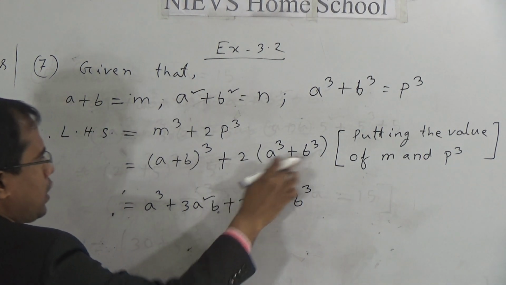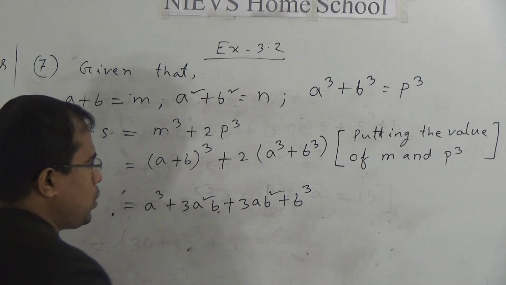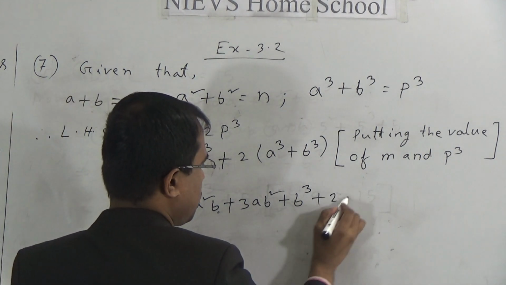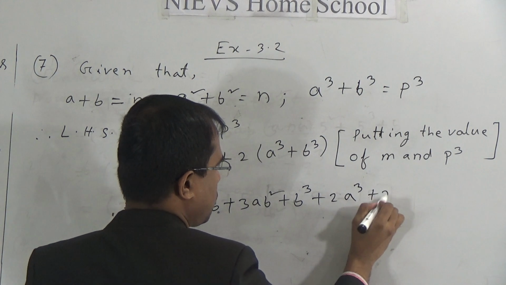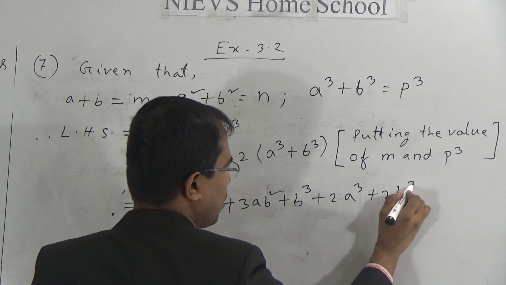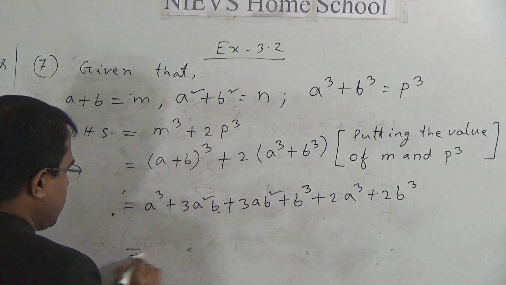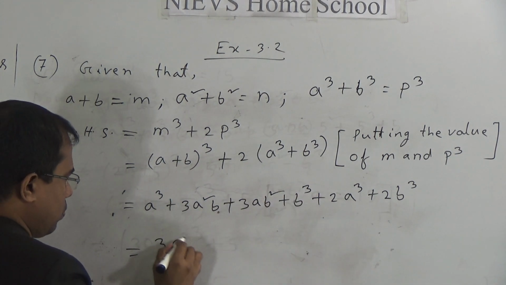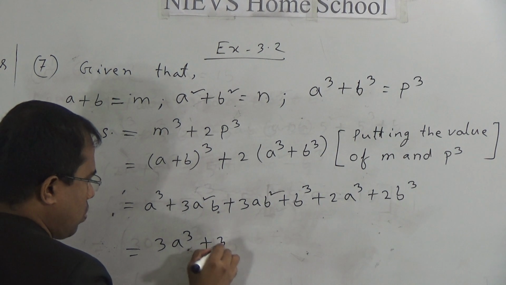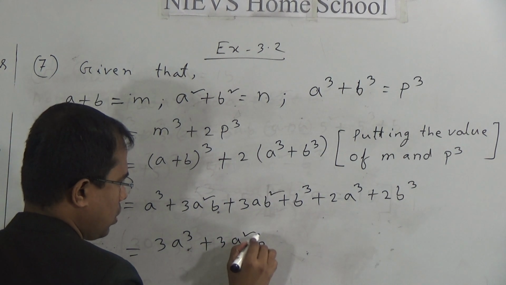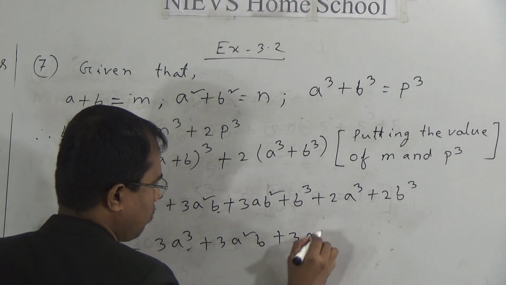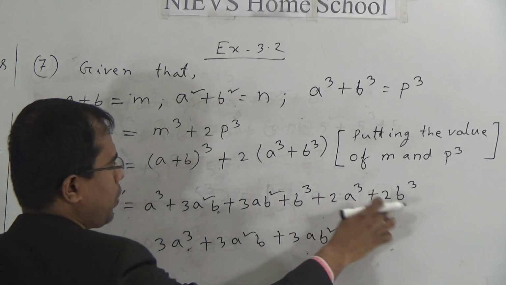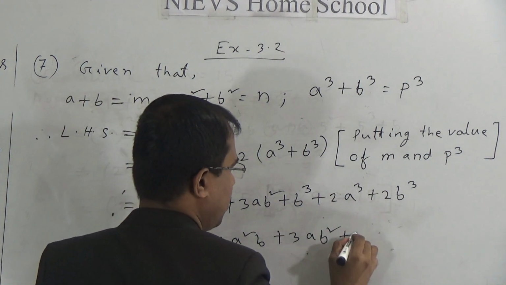If we multiply a cube plus b cube by 2, then it will be 2a cube plus 2b cube. Now, a cube plus 2a cube is equal to 3a cube, plus 3a square b plus 3ab square, and plus b cube plus 2b cube, this is equal to 3b cube.